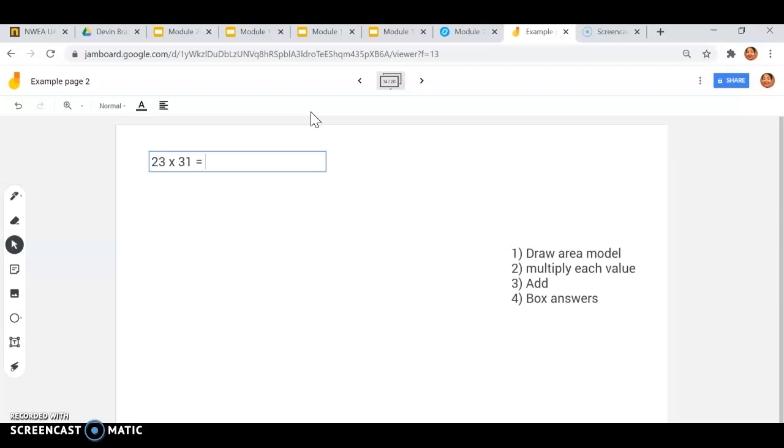So we can write it as 23 times 31. And then we'll write it in expanded form. We split up our 23, so we do 20 times 31, and then we do plus 3 times 31. All right? We multiplied those values.